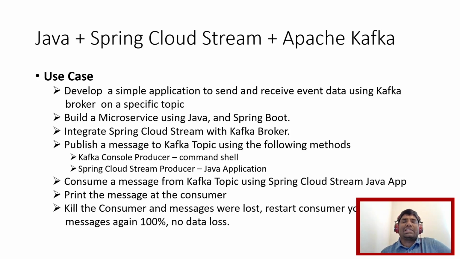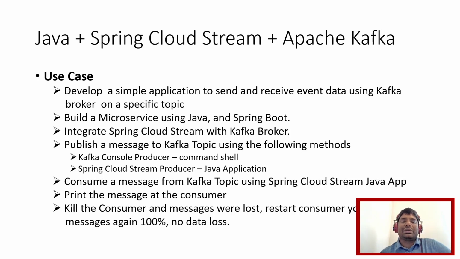Also, the application shows that if my consumer is down for some reason, could be a network failure or the running Java process being killed, whatever the reasons, I can still receive the data from the last state where it was lost, as well as the messages produced by the producer later.